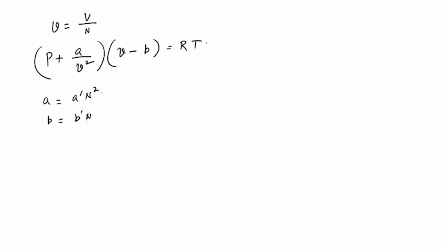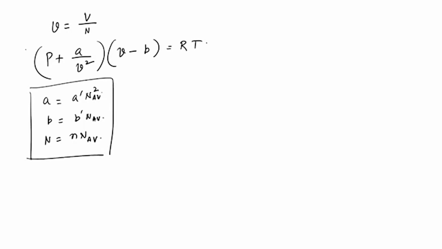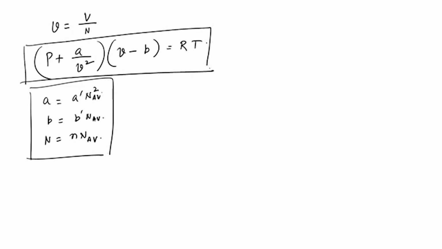And you can use this Avogadro number here and write the capital N as small n into N Avogadro. So, these are the variables that are transformed, and now we get this equation which is called the van der Waals equation of state.